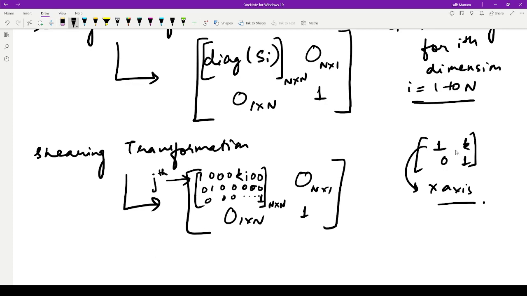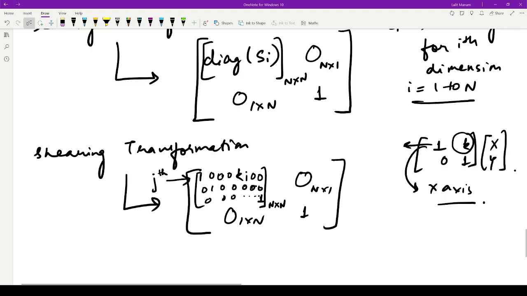Since we have 2 dimensions here, you're taking the contribution from the y-axis to be given into the x-axis, so it will be something like this, x and y. This is how shearing was defined, right? But if you want in general some ith dimension whose contribution you want in the shearing, then you just keep k_i in the ith dimension and the rest all zeros.